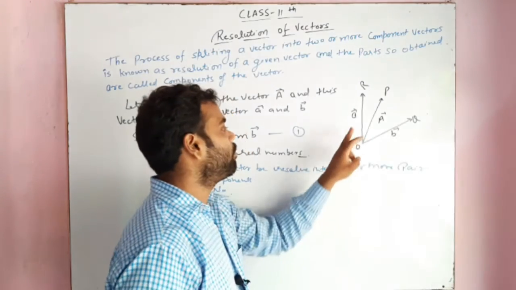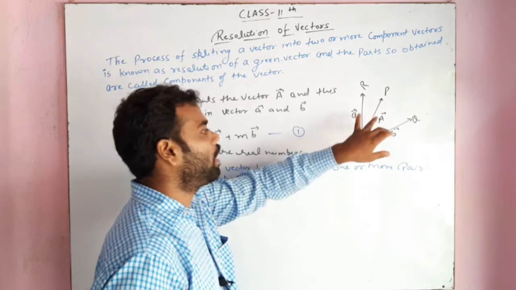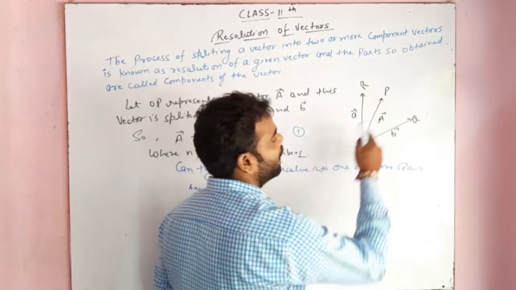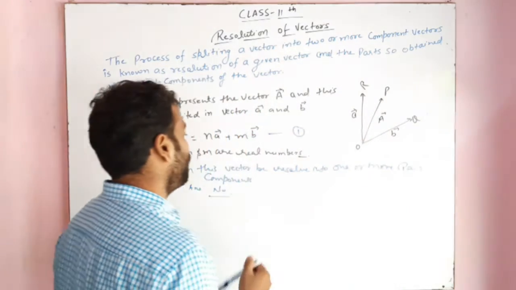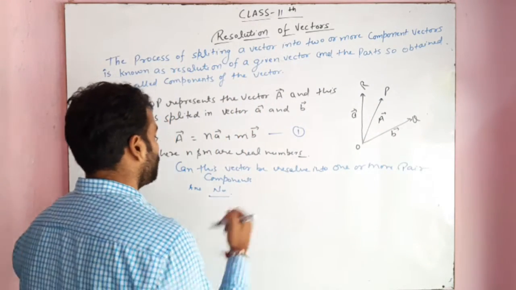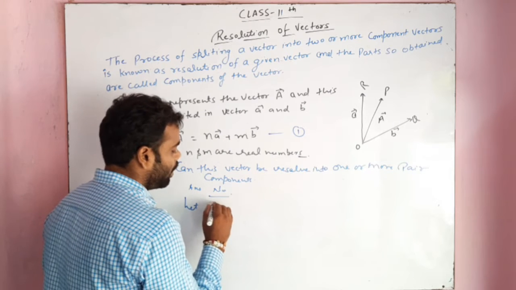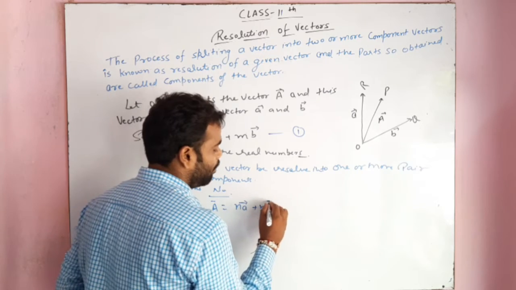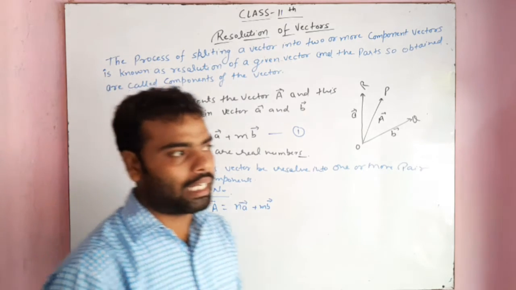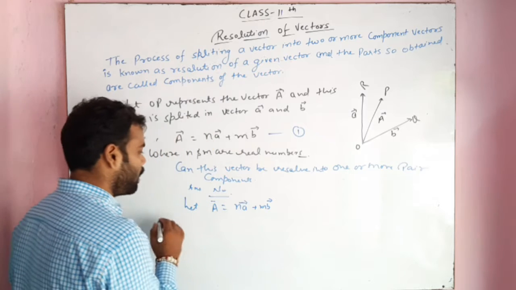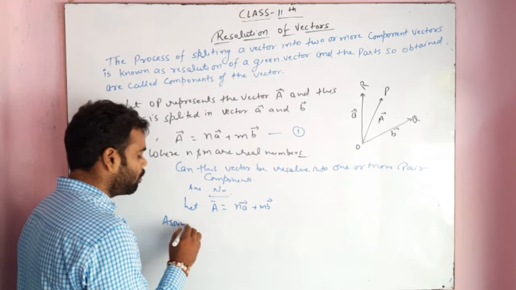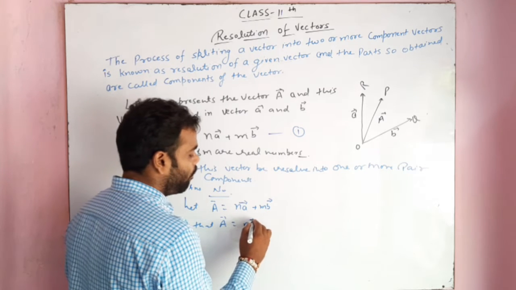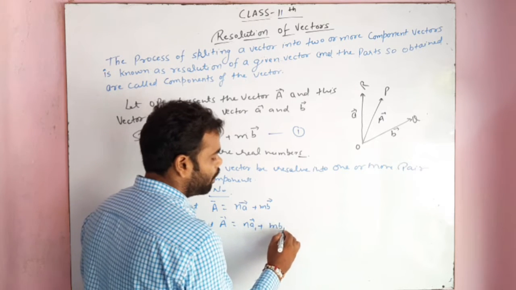Clear? There is no other option to represent this vector A by another pair of component vectors. For example, let A be represented as nA plus mB. For some time, let us assume that A can also be represented as nA1 plus mB1.